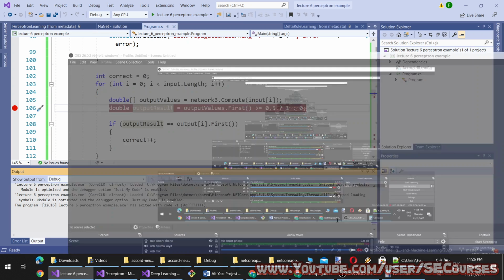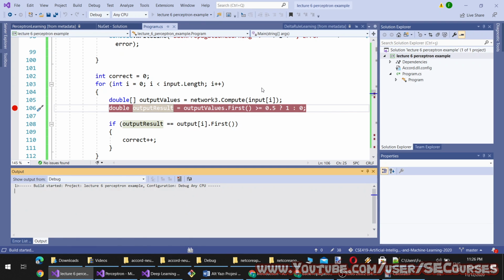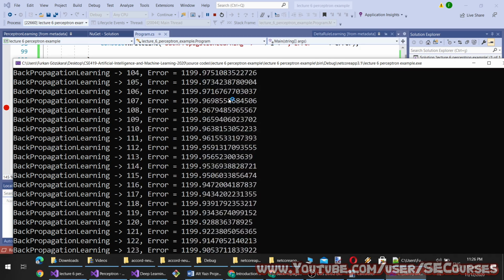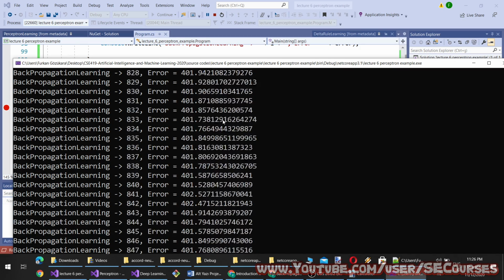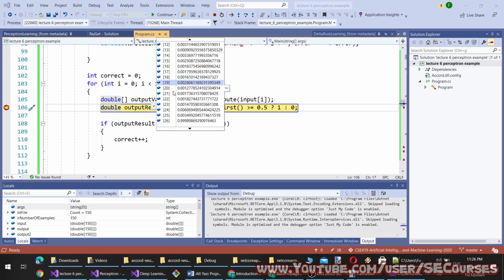Okay, I will take a pause for a moment. Okay, so let's try compute and try to calculate our accuracy. Okay, so you see these are the output values.